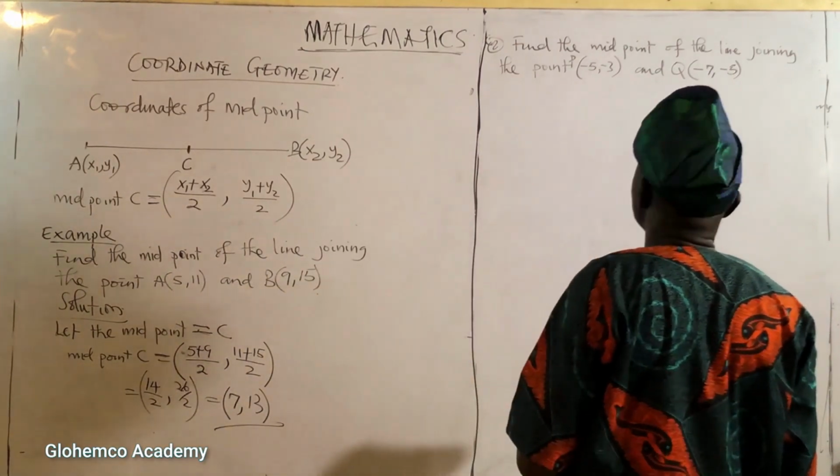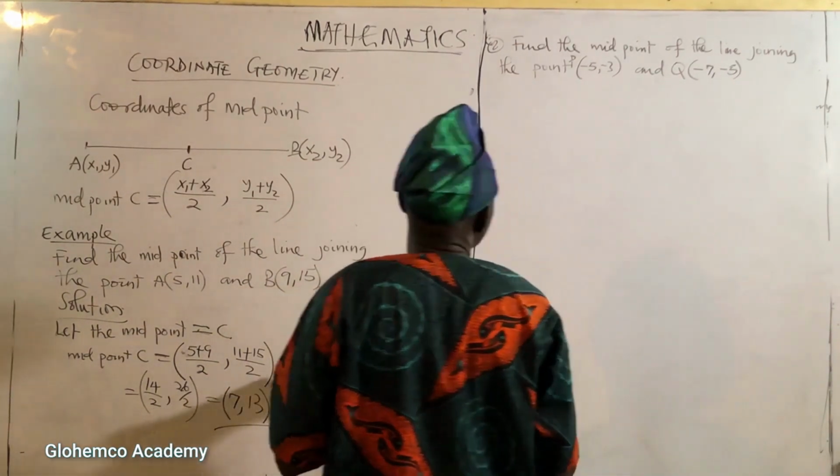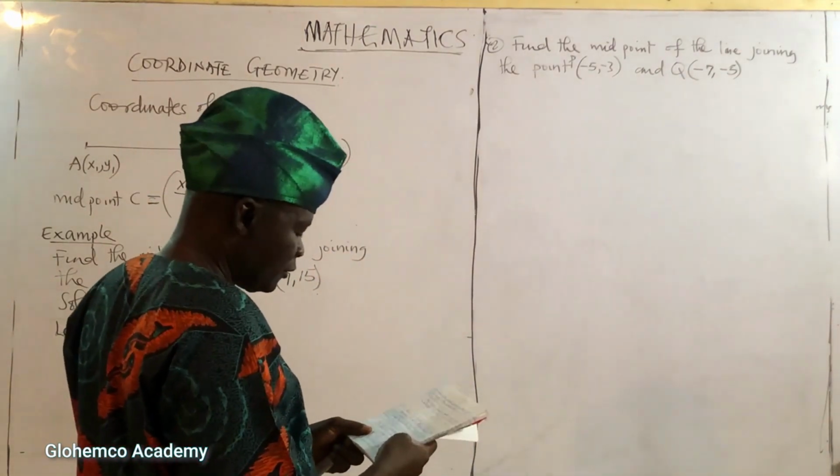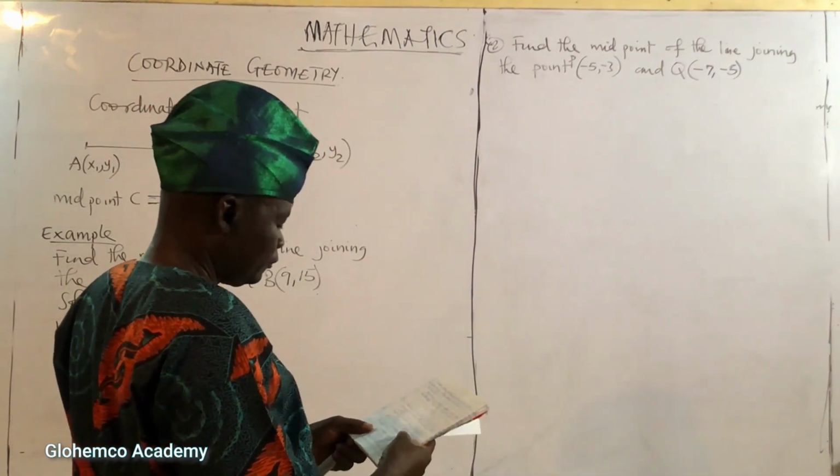Find the midpoint of the line joining the points P (-5, -3) and Q (-7, -5).